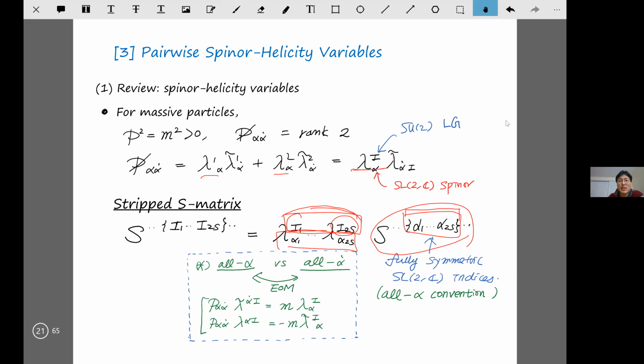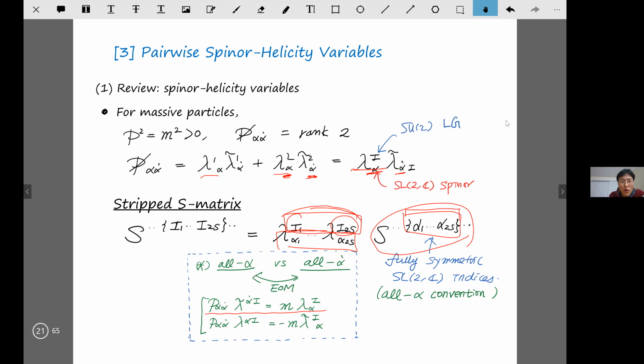Okay, and for a massive particle, there is actually no distinction between alpha and alpha dot indices, unlike in the massless case where it was crucial because one carried helicity minus half, the other carried helicity plus half. But what I'm saying here is that for the massive variable, there is no actual importance to the distinction between alpha and alpha dot because you can use equations of motion. This is basically the Dirac equation written in terms of spinor helicity variables.